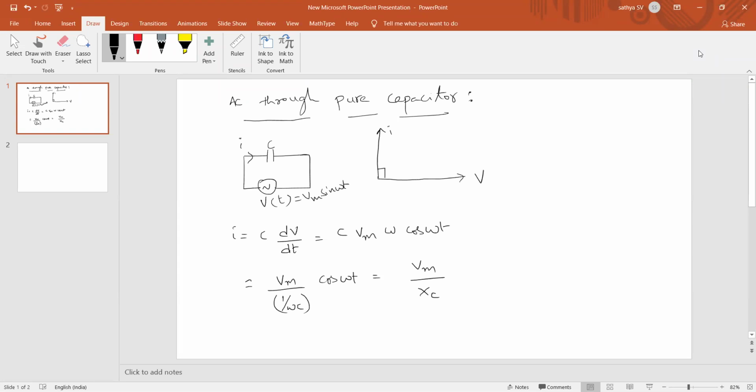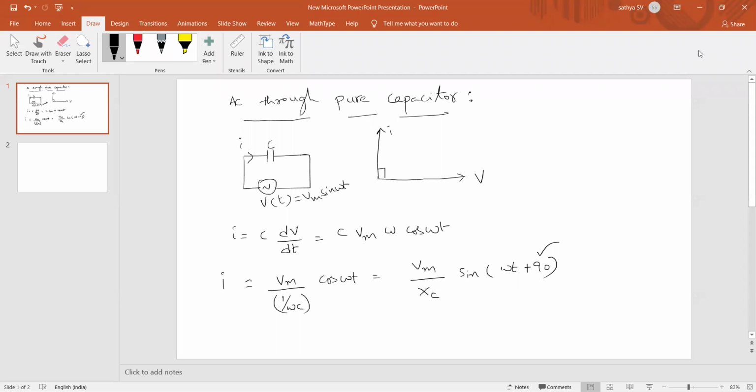Now cos theta, shall I replace that with sin omega t plus 90? Right. So this is your value of I, with plus 90 as the angular difference.